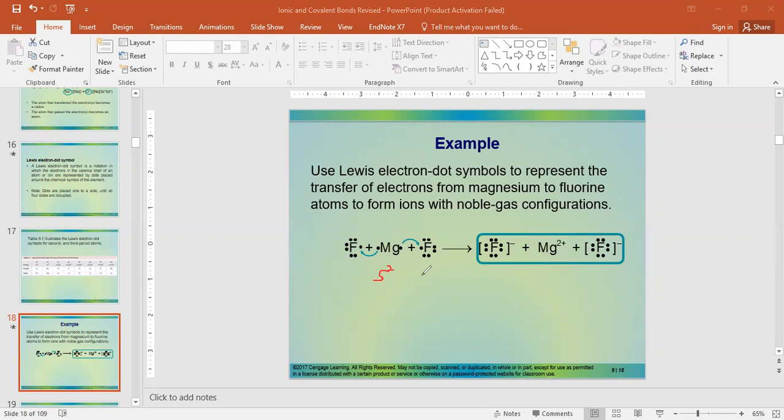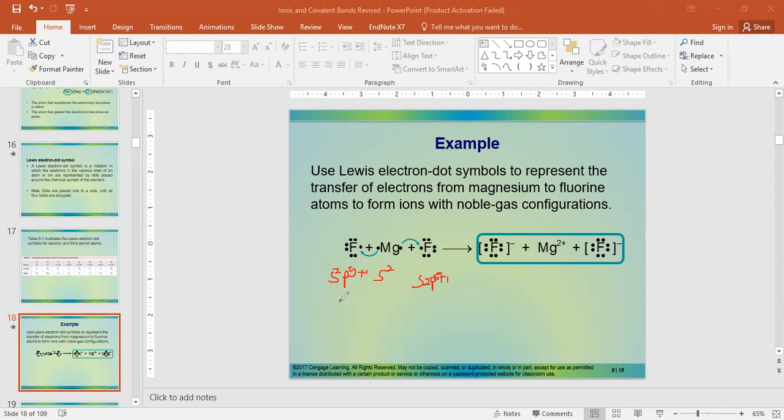This is s2p5. This is also s2p5. So what is going to happen here? Now, this requires one electron to become a p6. This one requires an electron to become a p6.